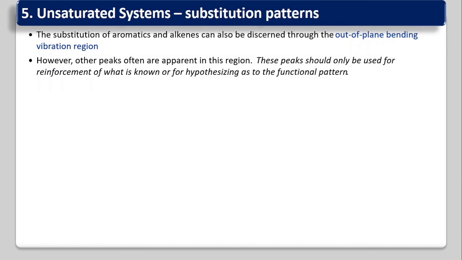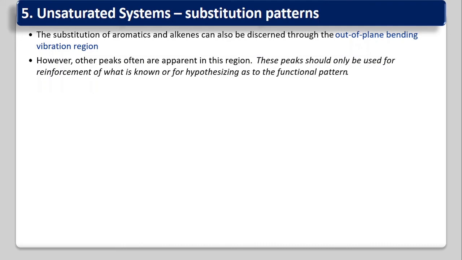These peaks should only be useful for reinforcement of what is known or for hypothesizing the functional group pattern. This region comes in the fingerprint region, so there are many peaks and they are not much useful for identification.